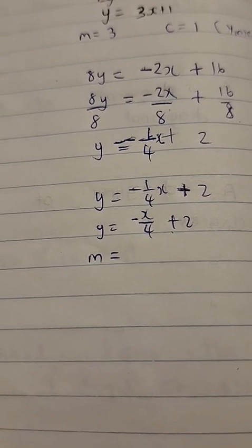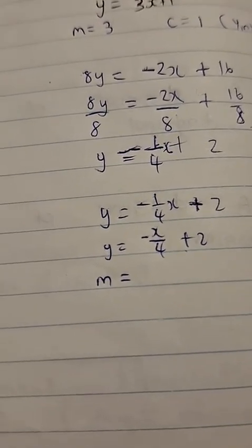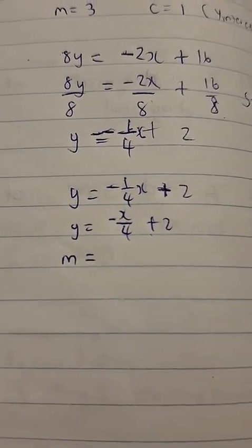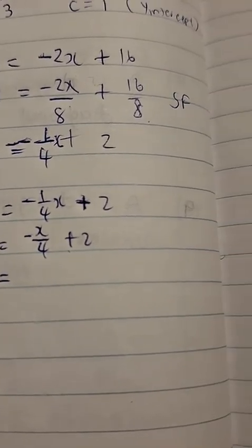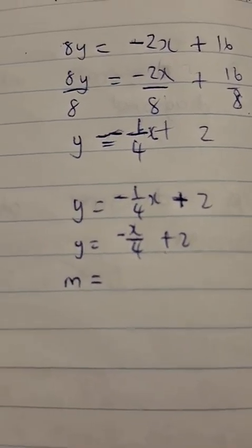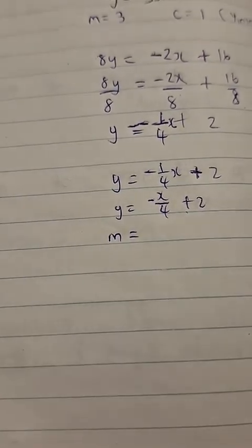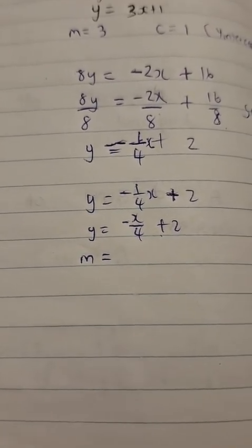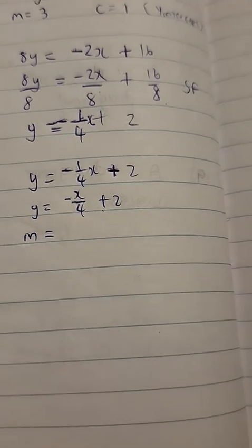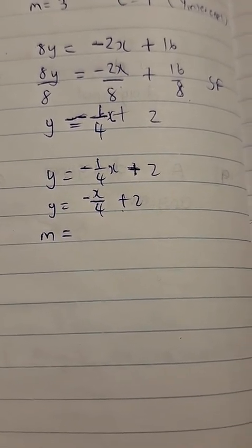So what is the value of m then? Let's see if people actually have an idea. What would we then say is the value of m here? Hopefully you guys can see the value of m. The value of m will be, let's give people a chance to respond. Maybe not steal your shine.